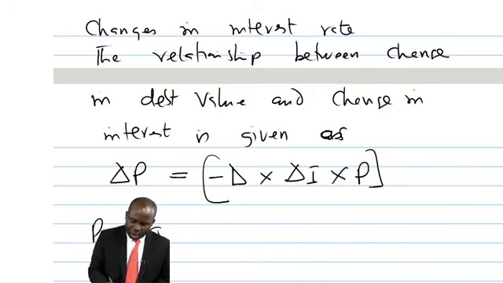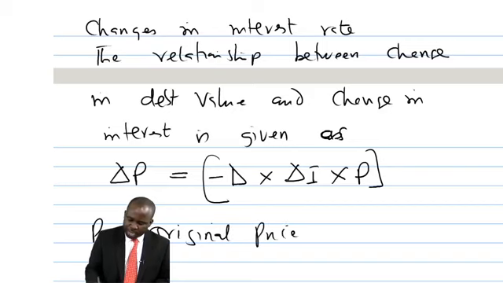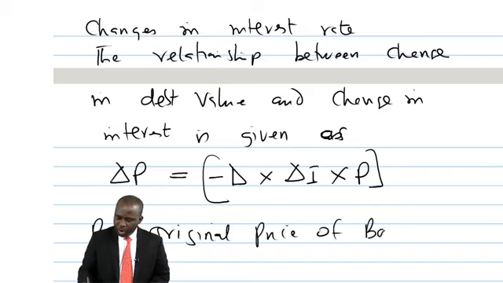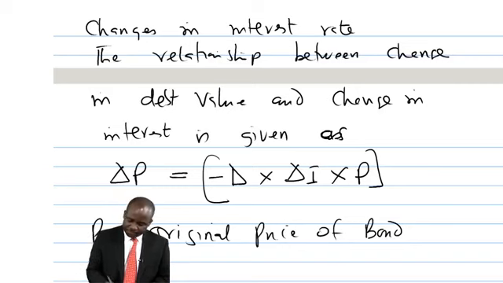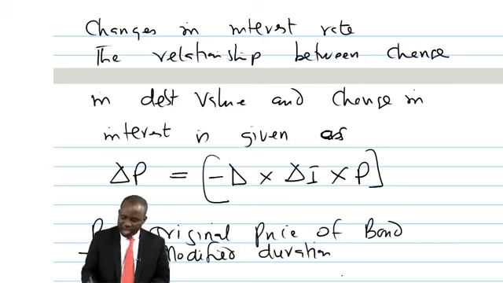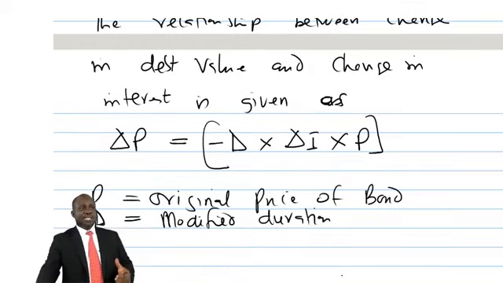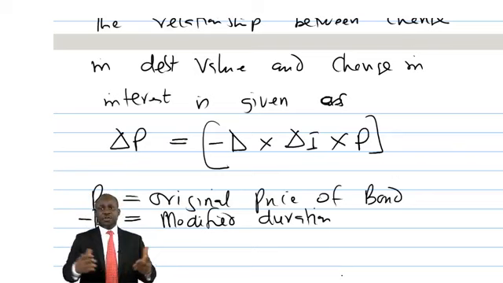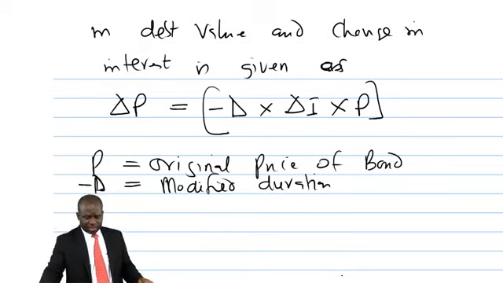P is the original price of the bond, and D is the modified duration. So we use the modified duration to measure the sensitivity of the market value relative to interest rate changes.